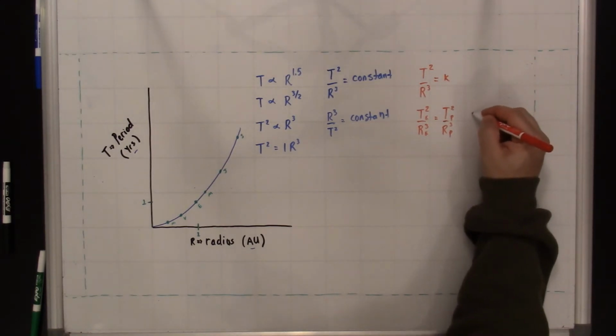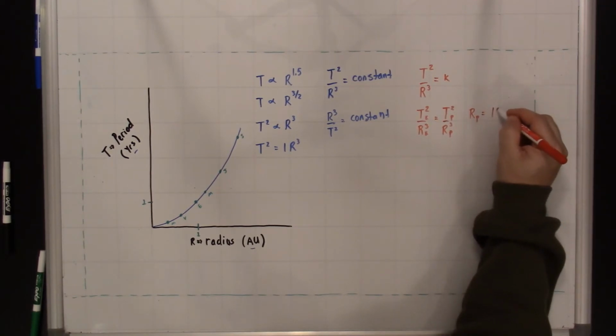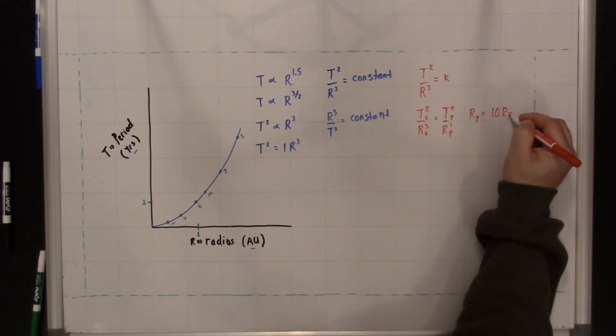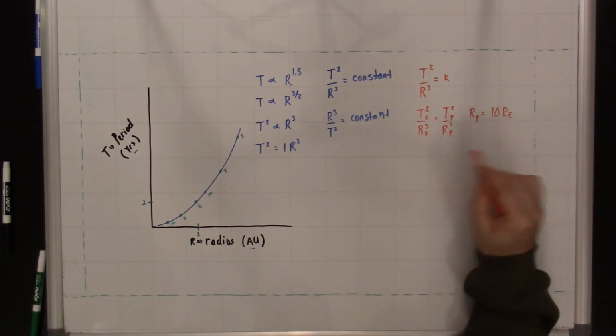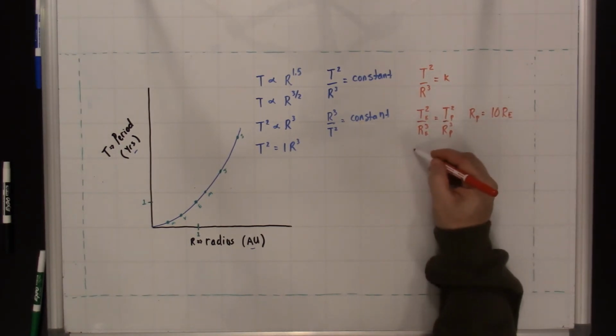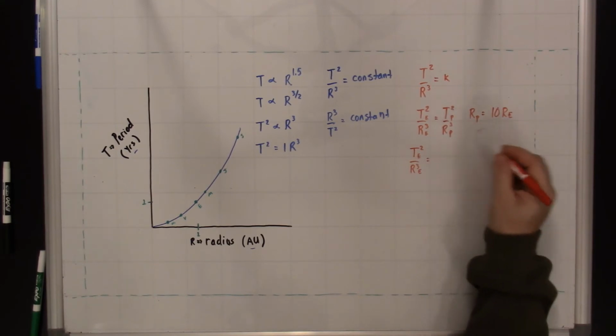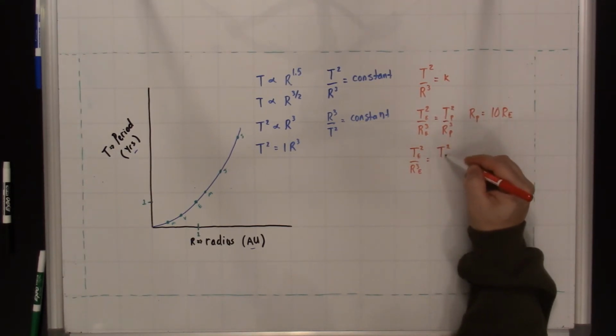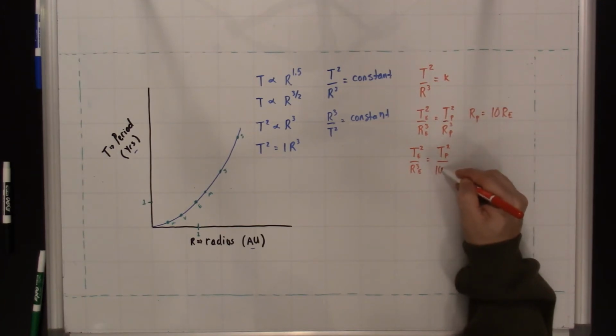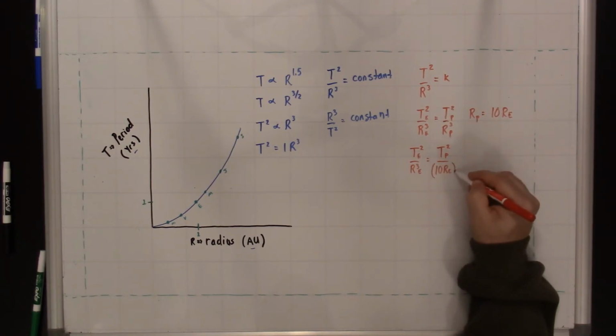And I'm telling you that r for the new planet is equal to 10 times r for Earth. Well, I'm going to substitute in here and see if we can't solve. So I end up with t squared Earth over r cubed Earth is equal to t squared for the new planet divided by 10r Earth. But here's the thing though, we have to cube it.